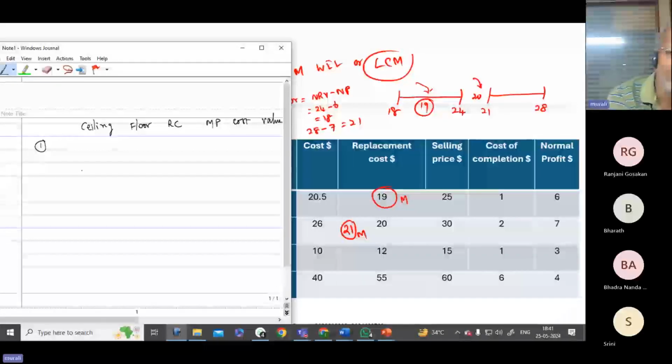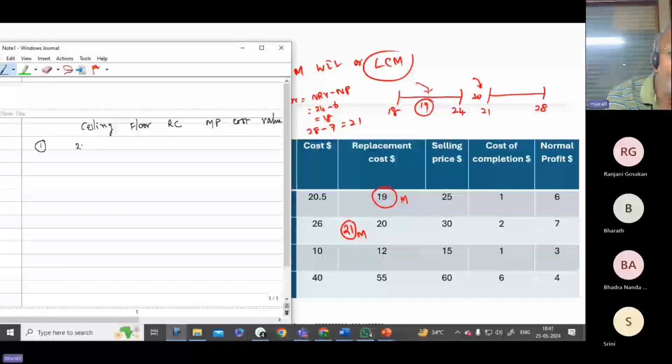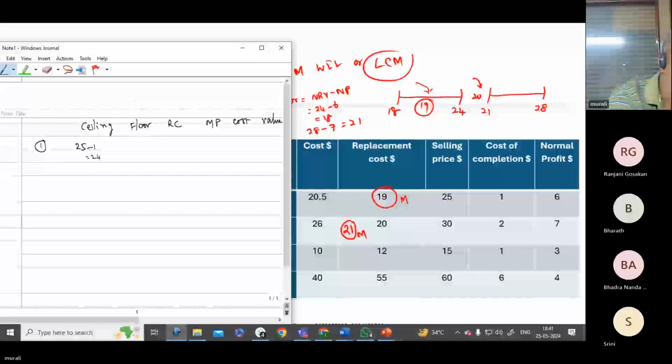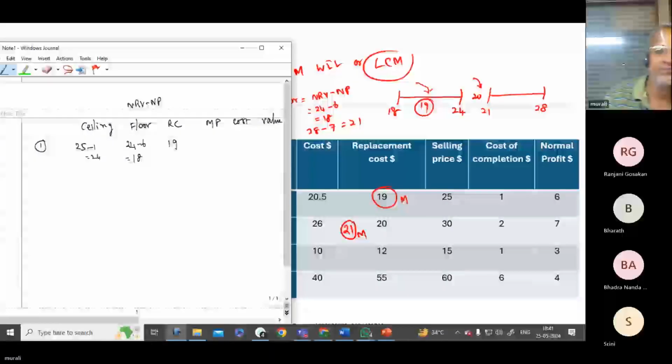So for the first one, I consider selling price 25 minus 1, 24. Floor is going to be NRV minus normal profit, 24 minus 6, 18. Replacement cost is 19.